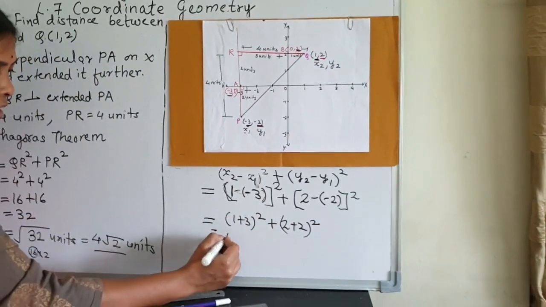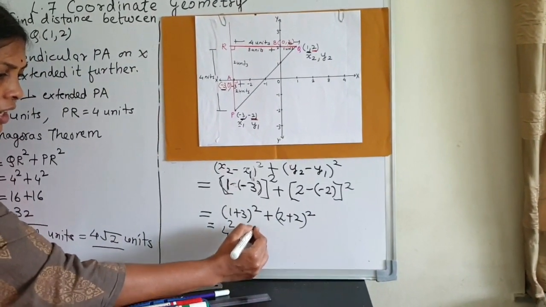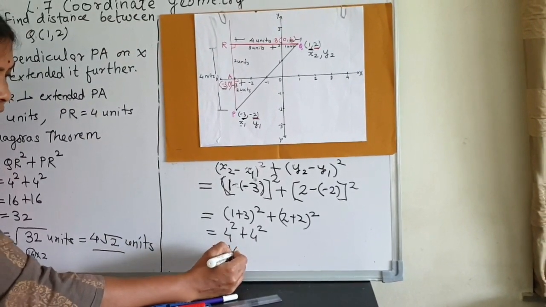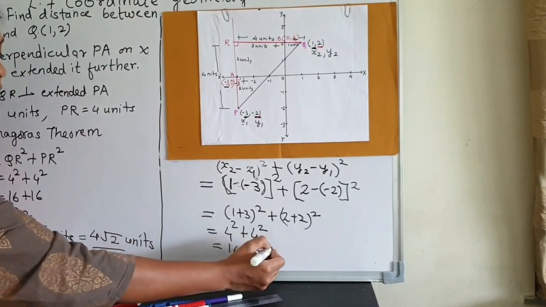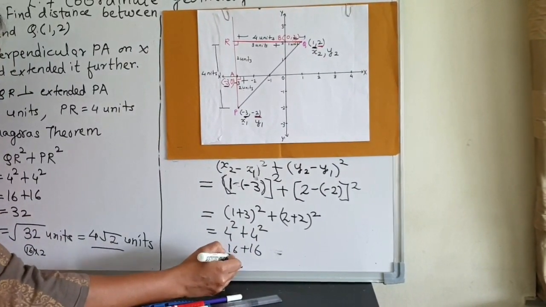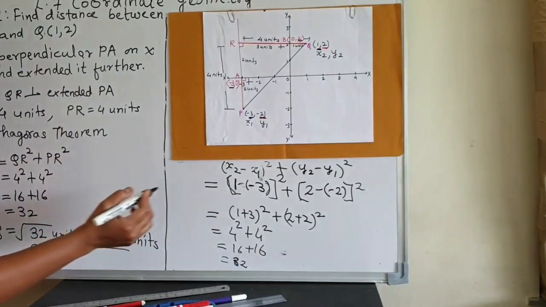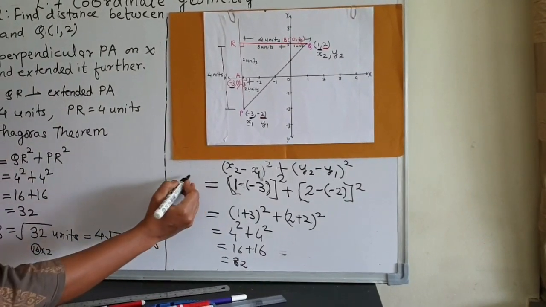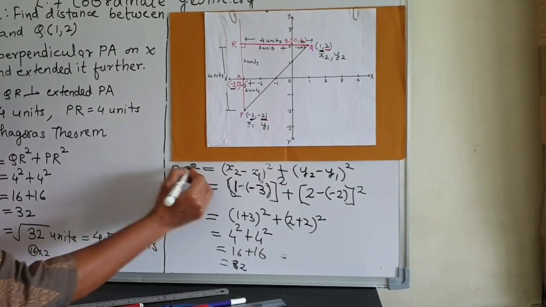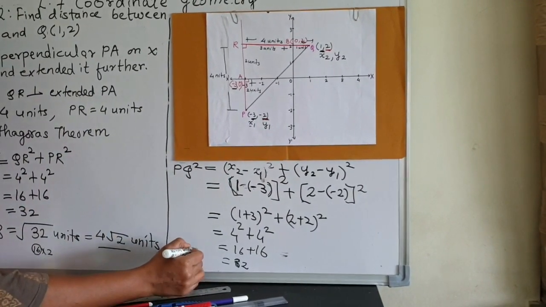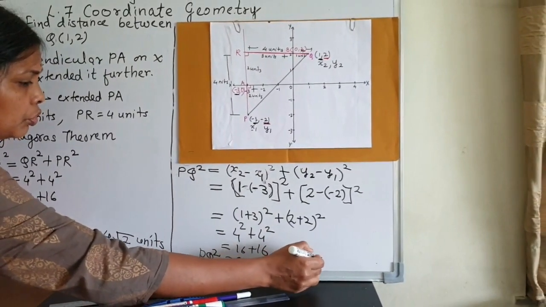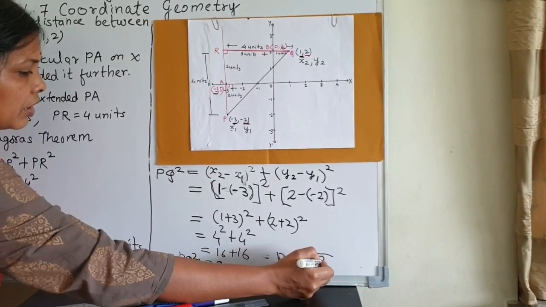It means here we get 4 square, here we get 4 square, right? So it's nothing but 16 plus 16, which is 32. So this is PQ square, and this is how we get PQ as equal to square root 32 units.